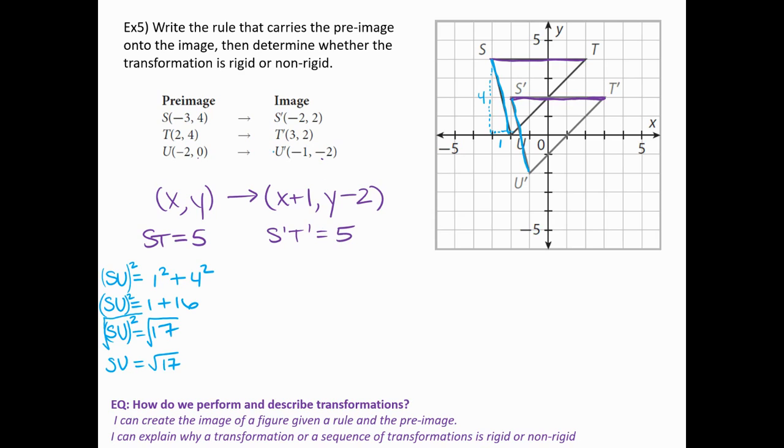All right, for the other one, S prime to U prime, again, I could create that little triangle. And when I do, I see the same numbers. So S prime U prime squared is equal to, this is my A squared plus B squared. This is representing my C squared.